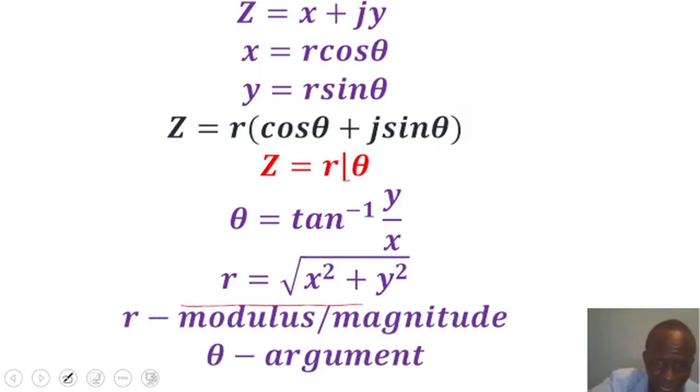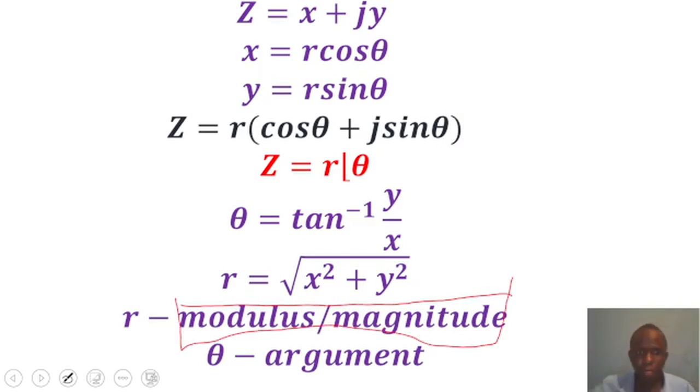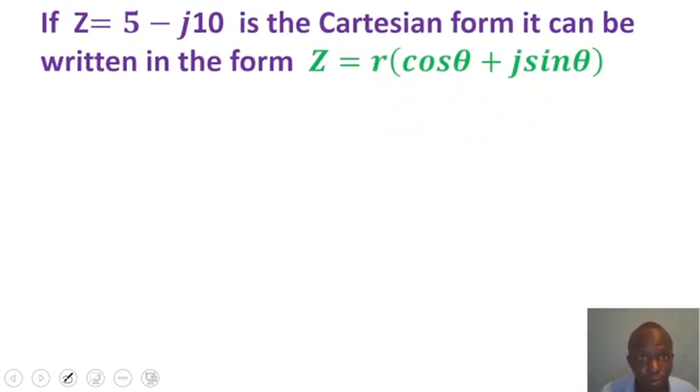What is r? R is called the modulus or magnitude. The theta, that angle, is called the argument. So we are going to represent these complex numbers as modulus and argument. Let us look at one example.